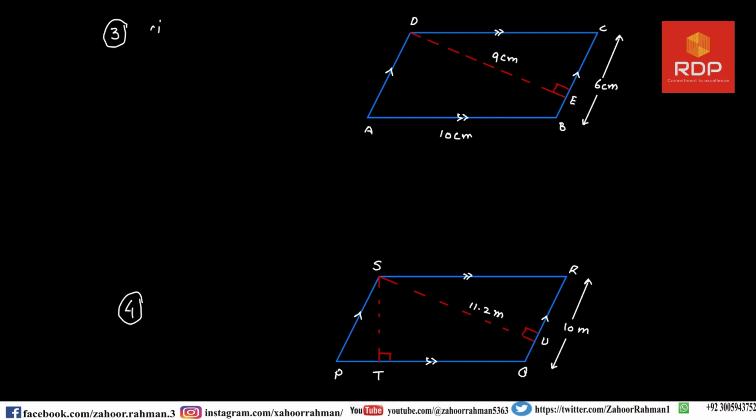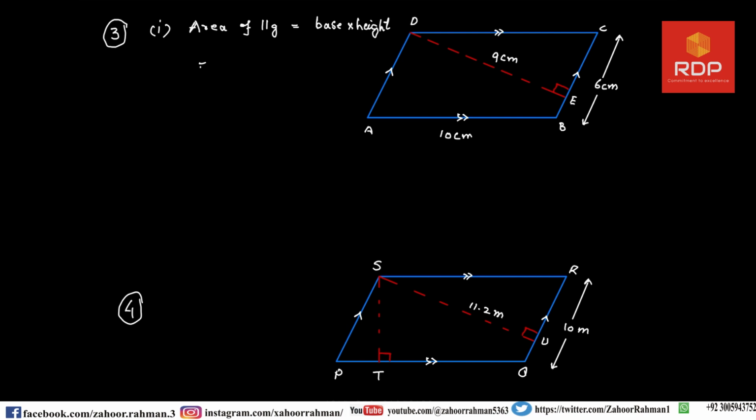Because the shape is a parallelogram, I am simply writing that area of parallelogram is equal to base into height. Now it is our job to find the base. In this case the base is BC.